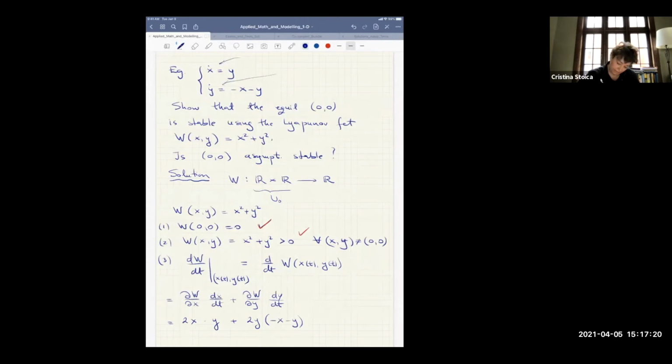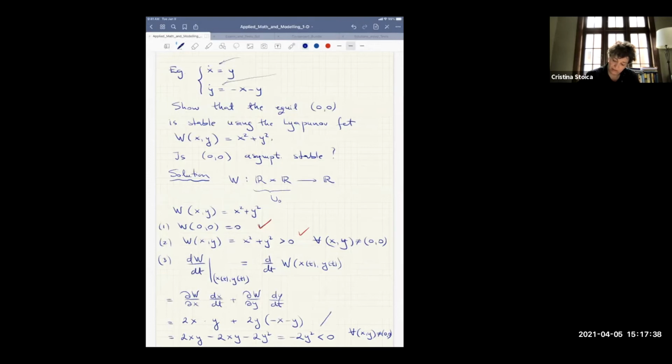Okay, so this is 2xy minus 2xy minus 2y squared. So this is minus 2y squared, obviously strictly negative for any x, y which is not 0, 0.